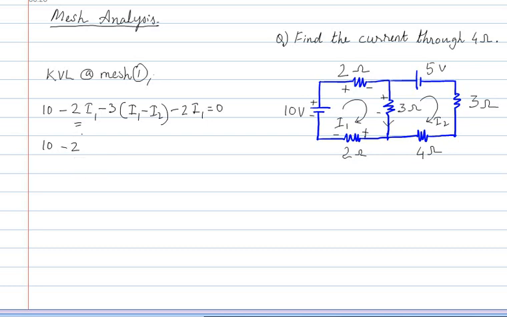Okay, so I am going to write the I1 values together, minus 3I1, then this minus and minus will become plus 3I2, and then I am having minus 2I1 is equal to 0. So I can leave this 10 here and take the I1, I2 values to the other side, or I can take only the 10 to the other side. So what I will do is take the 10 to the other side.